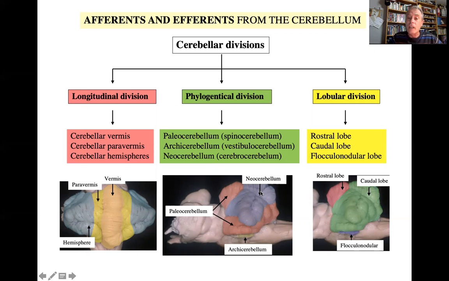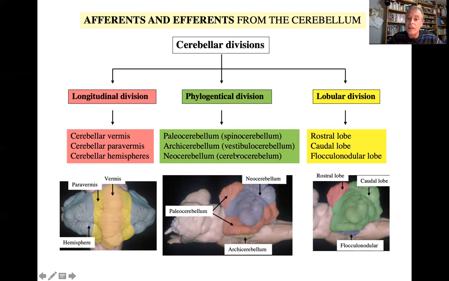However, phylogenetically, we can say that there is 3 types of the cerebellum. One is the paleocerebellum, that is formed by the lingula, central culmen, and quadrangular lobule, and the dorsal paraflocculus, ventral paraflocculus, the pyramids, and the paramedian lobule.